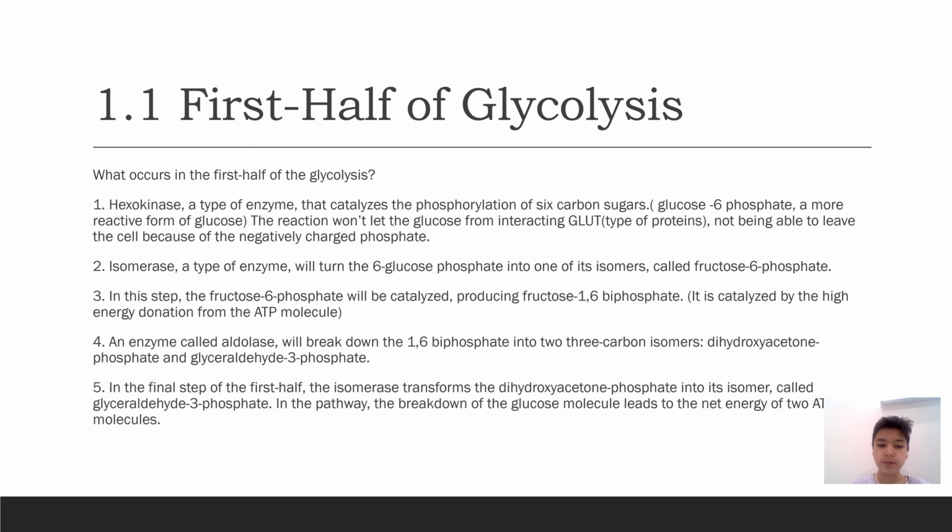Isomerase, a type of enzyme, will turn the glucose 6-phosphate into one of its isomers, called fructose 6-phosphate. What this is trying to say is that an enzyme called isomerase will turn the previous glucose 6-phosphate into one of its isomers, which is called fructose 6-phosphate.